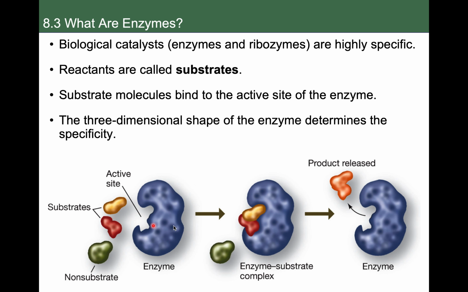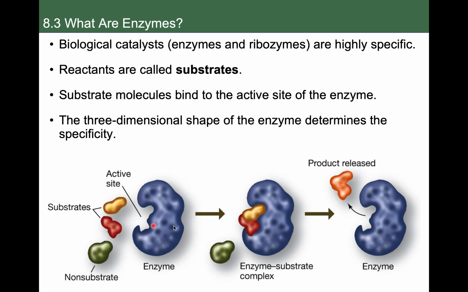So at this point, if there's more substrate available, it will bind, catalyze the reaction again, and basically keep going until it runs out of substrate. You'll see this little green molecule down here, kind of lurking in the shadows. It is being identified as a non-substrate, and this is just trying to show you that enzymes are very specific.